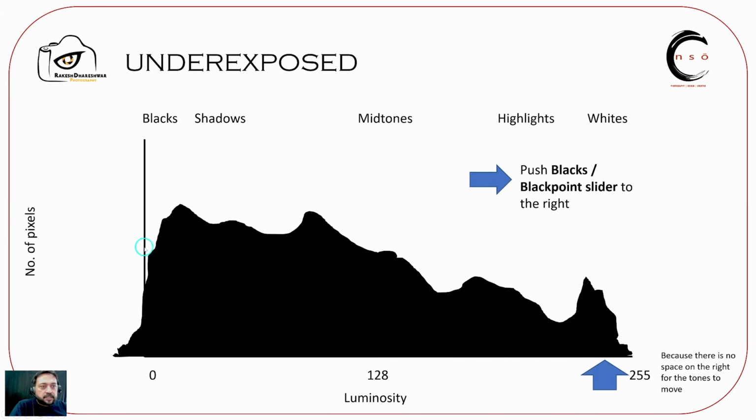It will move these black points so that they come within 0 to 255 without having any effect on the midtones, or a very, very slight effect on the midtones and on the whites. So that is how we correct an underexposed image when we do not have any space on the right side of the histogram.